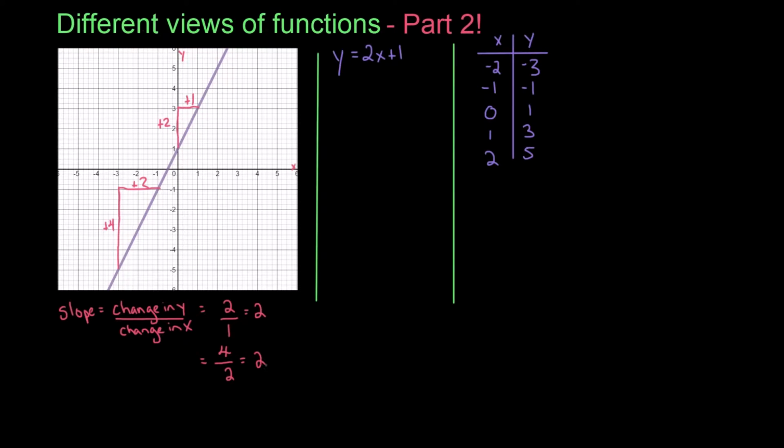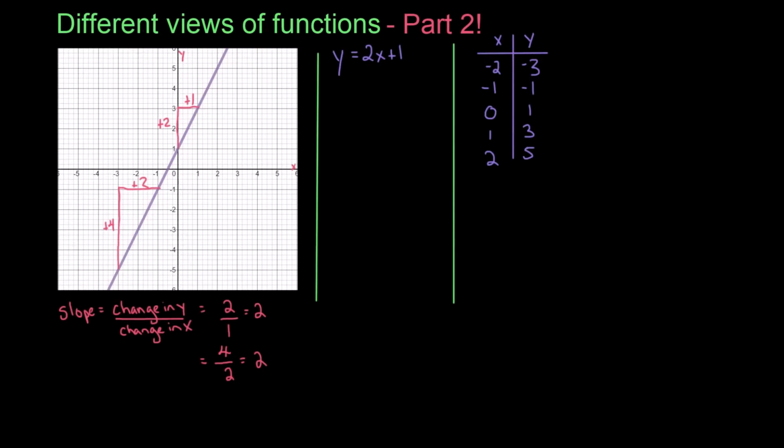So we don't always have to just go over 1 if another distance looks more convenient to grab the numbers from. It's just whatever, starting at a point, going up and over to another point, what's our change in y divided by our change in x. So that's how we'd pull the slope if we just had a graph of it.